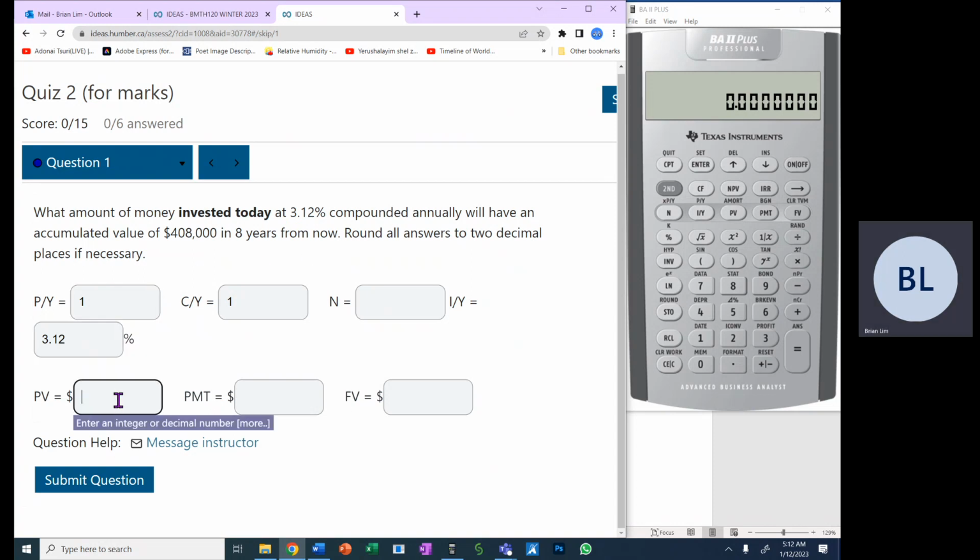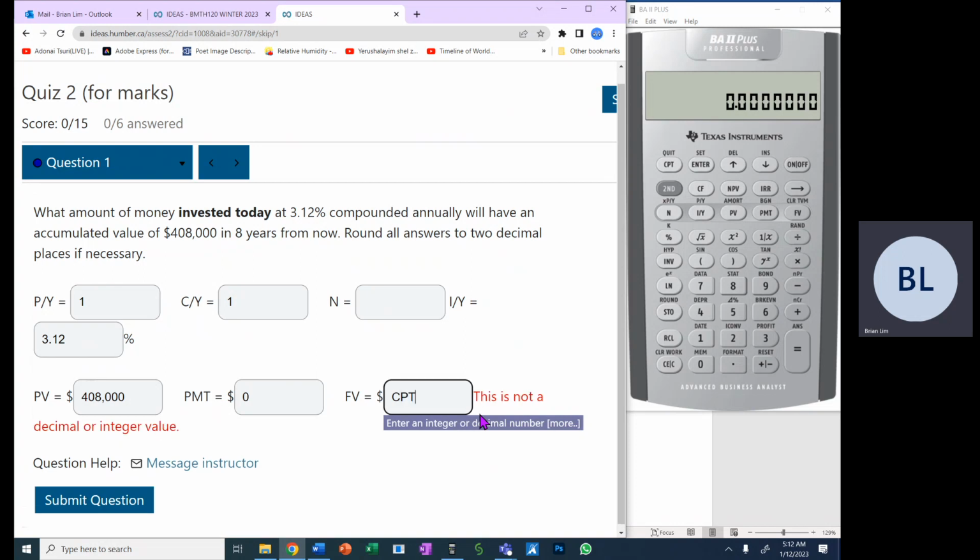And the present value here is this $408,000 up there, so we can put it right in there. The payment is 0 because it's compound interest, and the future value is what we wish to compute. This accumulated value is another term for future value. They're synonymous, meaning they mean the same.